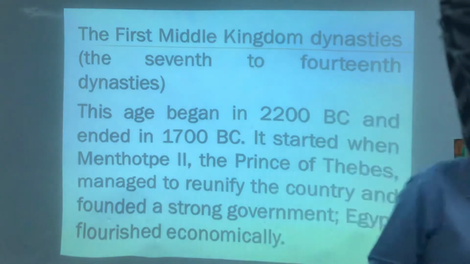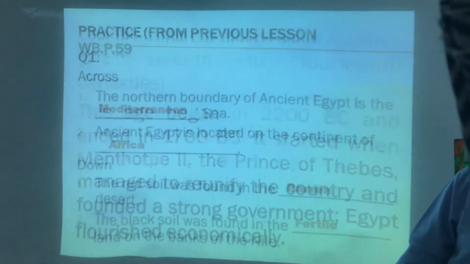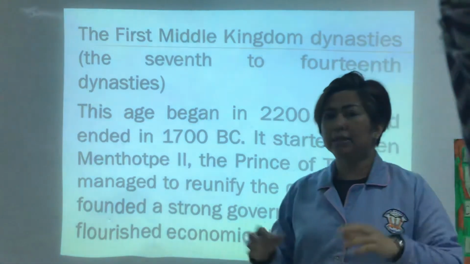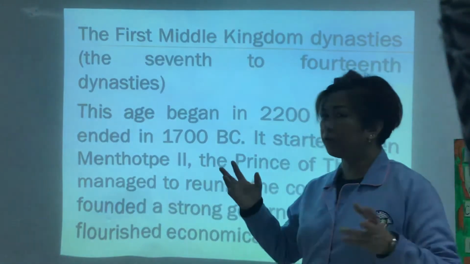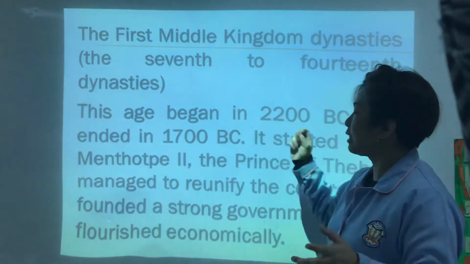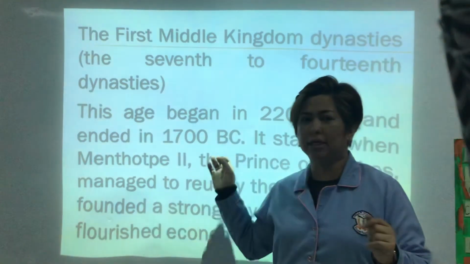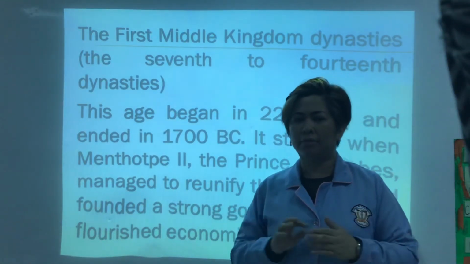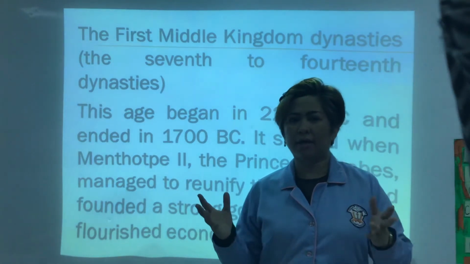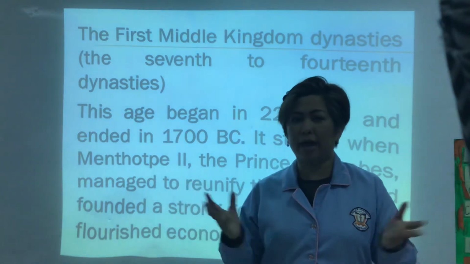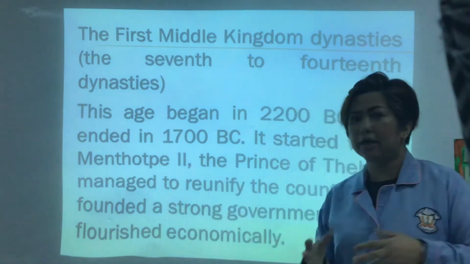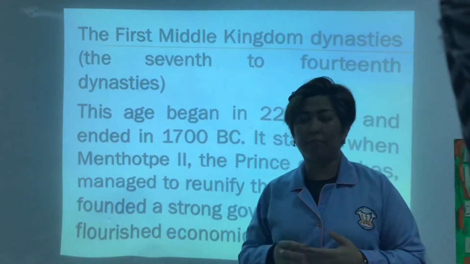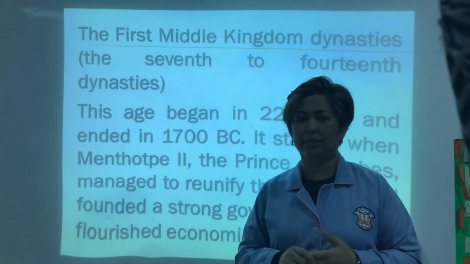Now, in this era, from the first dynasty up to this one, Egypt became abundant, and it shows in the different pyramids that they became civilized.